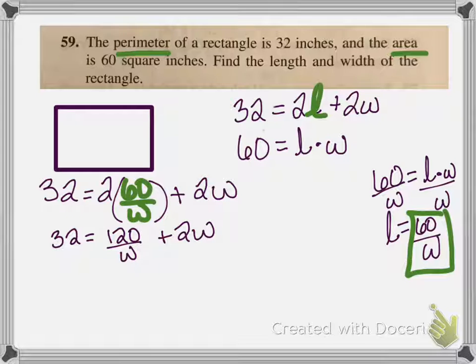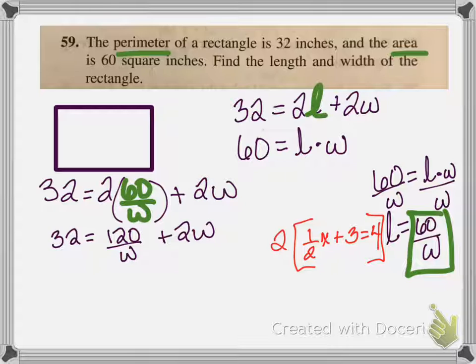Now, anytime I have a rational, or anytime I have a fraction, what I do is I multiply everything by its least common denominator. So if I had 1/2 x plus 3 equals 4, what would I multiply everything by? 2.